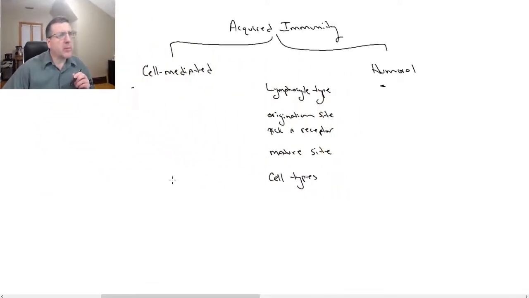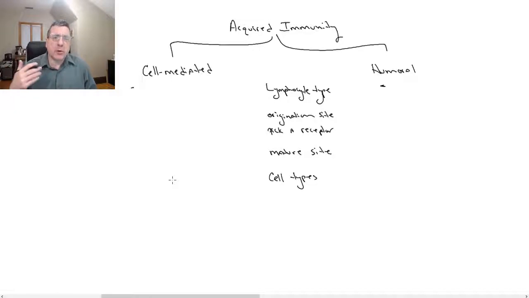Let's go to this one. And when you're looking at B and T cells, B and T lymphocytes, if I say cell versus lymphocyte, same thing. Your immune system, again, we're breaking it down into your innate, like your skin, those sorts of things, as well as acquired.